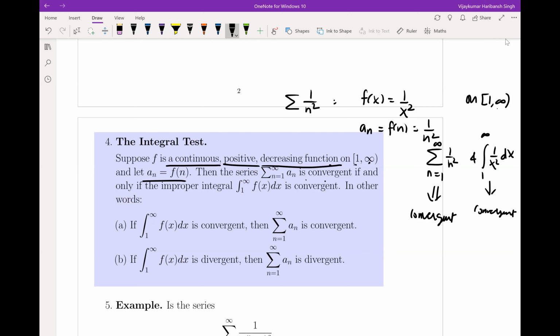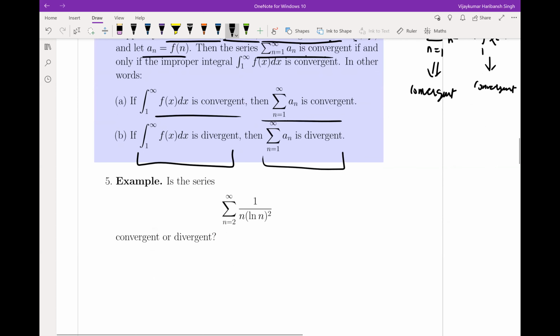And vice versa, if this integral converges, then this series converges. So this is what is written here. If the integral from 1 to infinity of f(x) dx is convergent, then the summation from n equals 1 to infinity of a_n is convergent. And if this is divergent, then this is divergent as well. So this test is called the integral test.